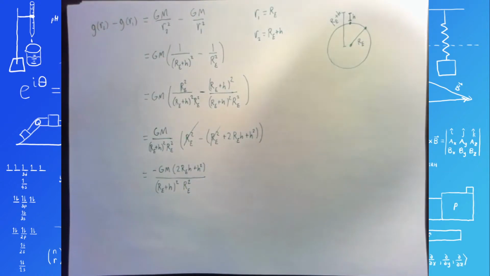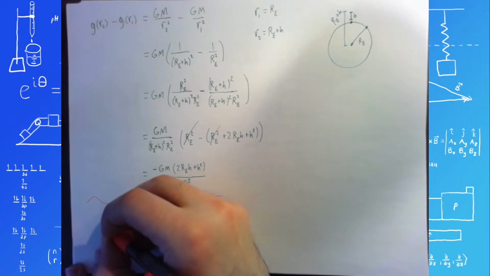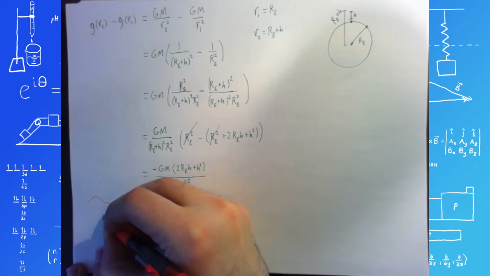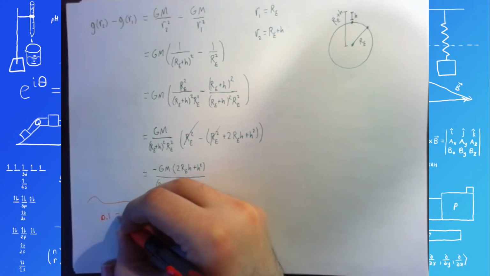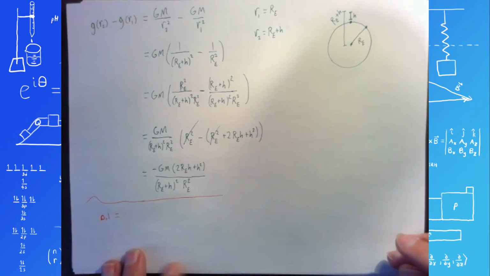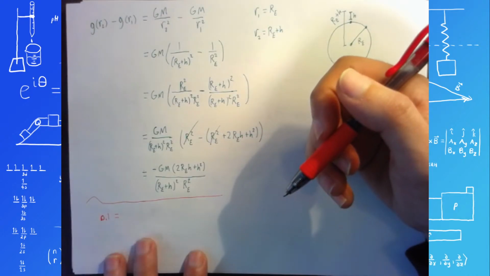Okay, now if I want to set this equal to 0.1, what is the height going to be? So I'm trying to solve for what H would need to be if this difference is going to be 0.1. So if I want to see a 0.1 change in the acceleration due to gravity, how high do I need to go to see that difference?